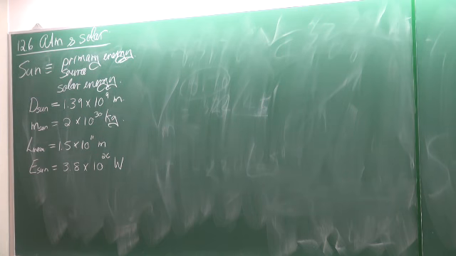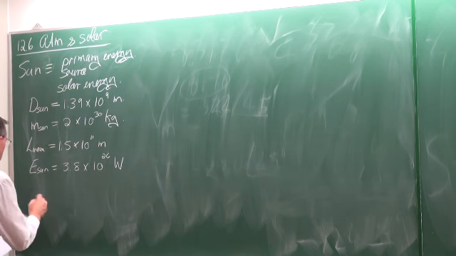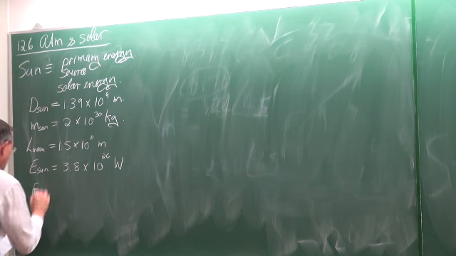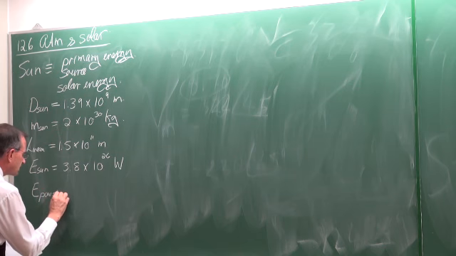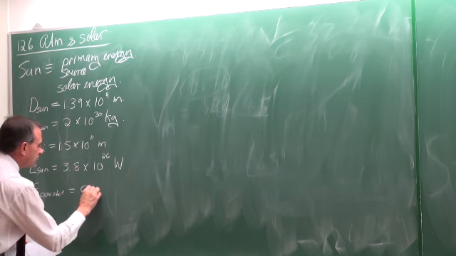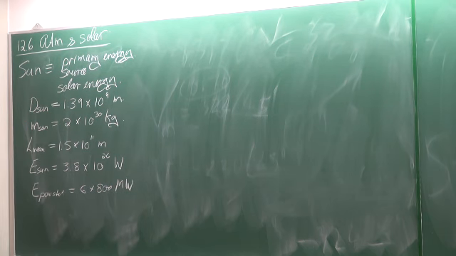Okay, it's a big number, but sometimes it's important that we get a little bit of perspective on what it really means. So let's compare it with a typical power station. One of our biggest power stations at the moment consists of 6 turbines which can each produce 800 megawatts.